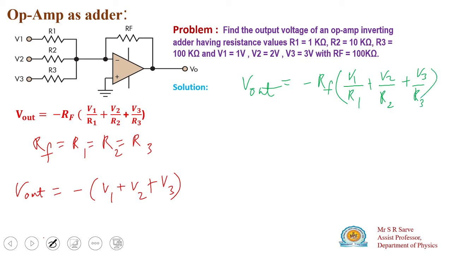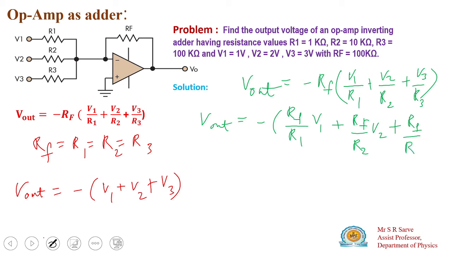If you rearrange this equation, the output will be equal to minus (Rf divided by R1 into V1 plus Rf divided by R2 into V2 plus Rf divided by R3 into V3).